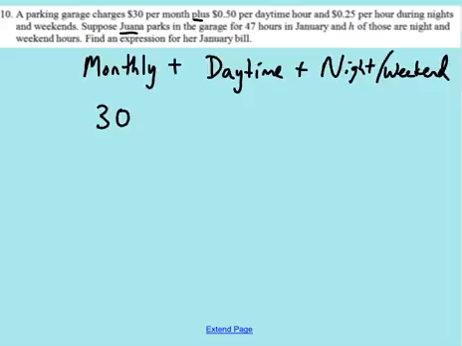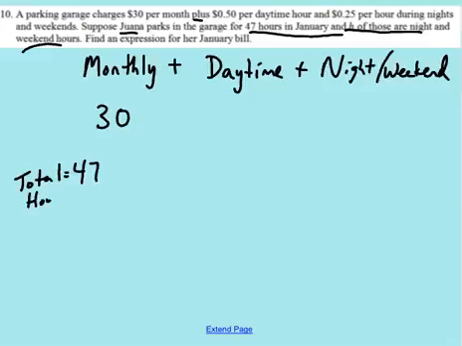Suppose Juana parks in the garage for 47 hours in January. So how many hours are there total? Total hours is 47.